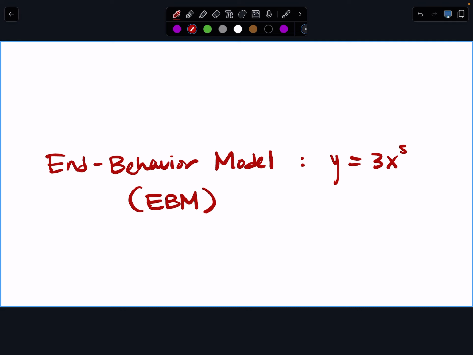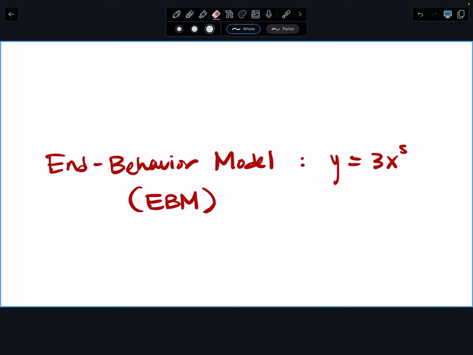So like that 5th degree polynomial that has multiple terms has the same end behavior as y equals 3x to the 5th. So we can just think about, okay, if we're thinking about x approaching infinity, so plugging in larger and larger values in for x and then raising to the 5th power, what's happening to those values?